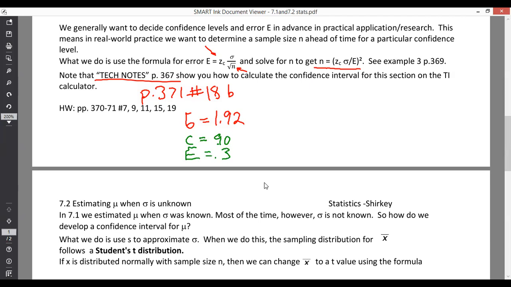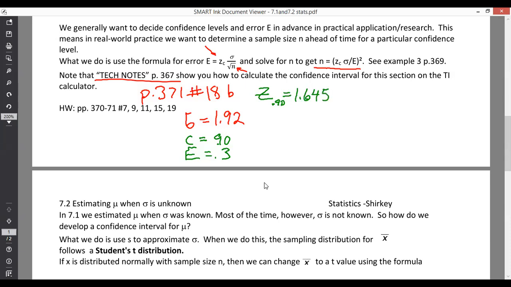All right, so we have sigma. Now we need to find Z sub C. And I'm not going to pull up the table to do that, but we saw in the previous class how to do that using your standard table, table 4D, right? And for 90%, that was 1.645. So you have to get that off of the table, all right?